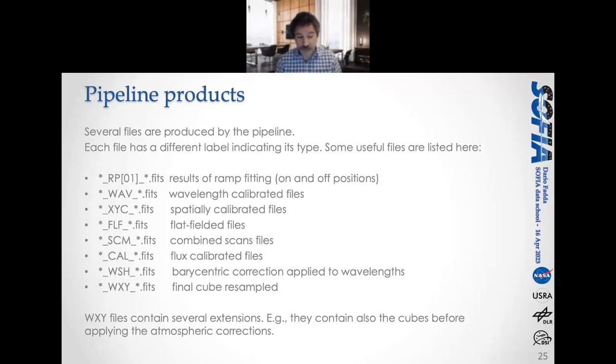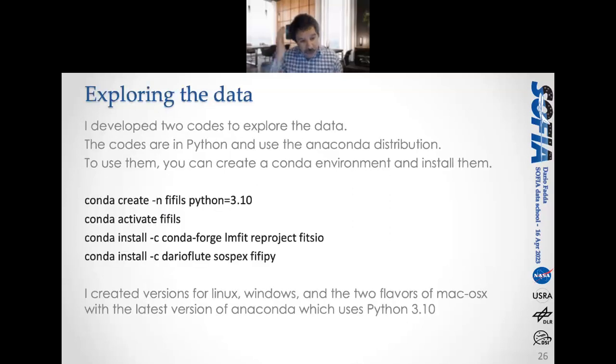WXY stands for wavelength, X and Y directions in the sky. Each one has several extensions, and I won't go into the detail here. But if you are accustomed to looking at FITS files, you'll see that they have extensions for position, wavelength, even correction of the atmosphere, and so on.